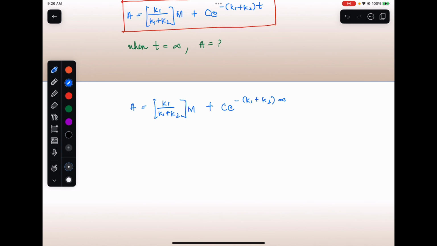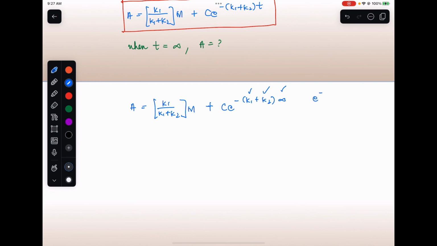So in here we have infinity, which is a very large number, so multiplied by any constant, it would still be infinity. It's still a large number. Remember that K1 and K2 are both positive, so it would still be a large number. But then we have a negative. A large number times a negative is a negative large number.